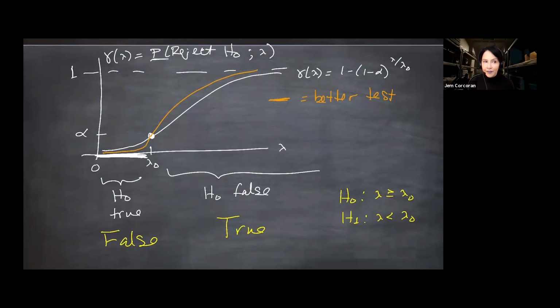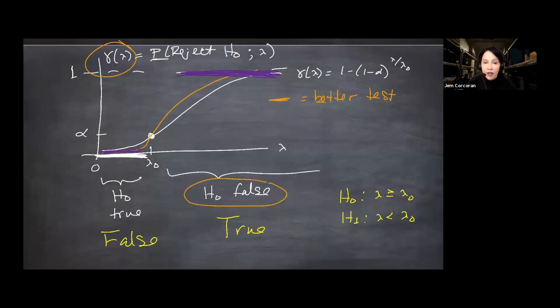And so we ultimately want to go for the uniformly most powerful test, and that's where the terminology most powerful comes from. This is the power function, and we want the test to have high power whenever the null hypothesis is false, the highest power you can actually have, and be really low here.